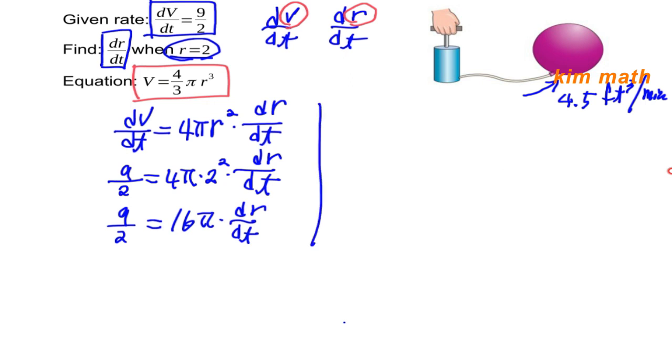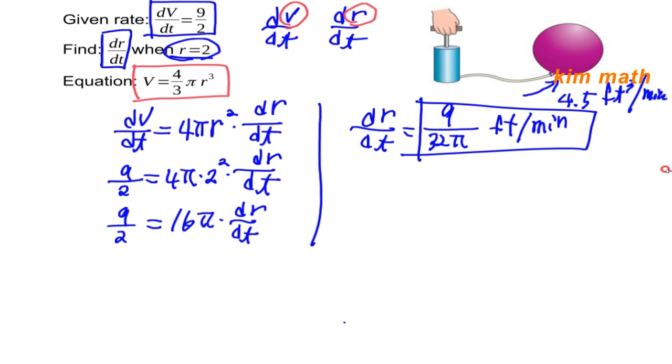Our mission is to find dr/dt, right? So from this equation, we can find dr/dt, which is 9/(32 pi) feet per minute.